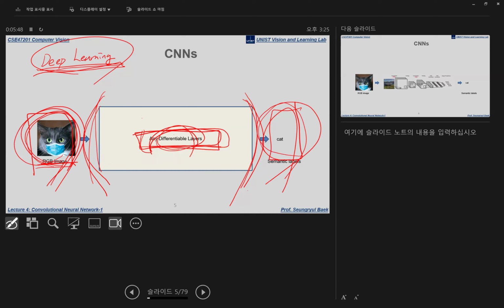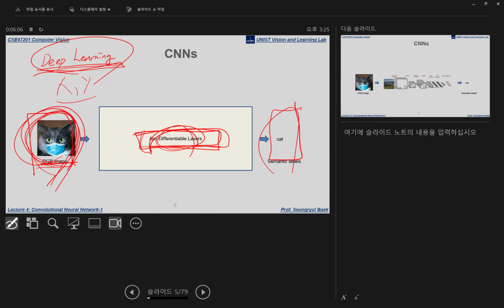Any differentiable layers could be used to map arbitrary input to arbitrary output. We can use the gradient descent algorithm when given X and Y data, as we did before in the PyTorch code. By providing many X and Y samples, we can train the architectures to work as we desire, right?